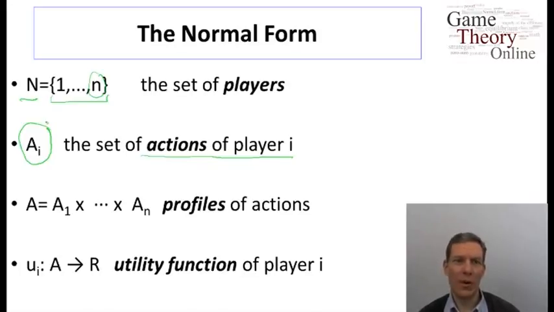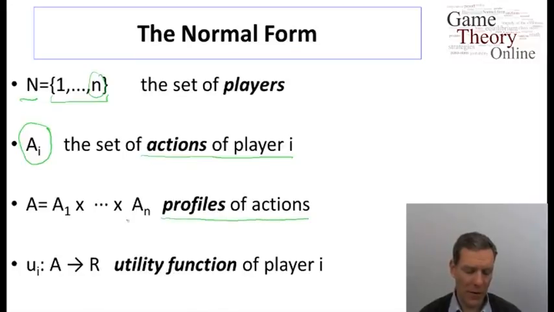And it could be that different players have different types of strategies. So it could be that predators have different strategies available to themselves than prey. Profiles of actions are then going to be n-tuples of strategies or actions.